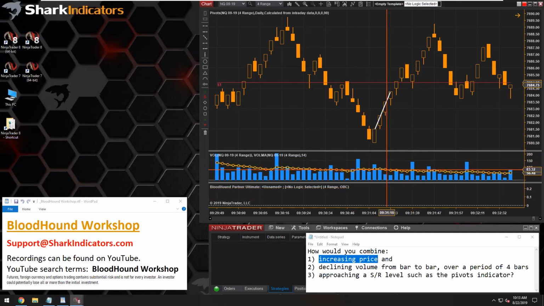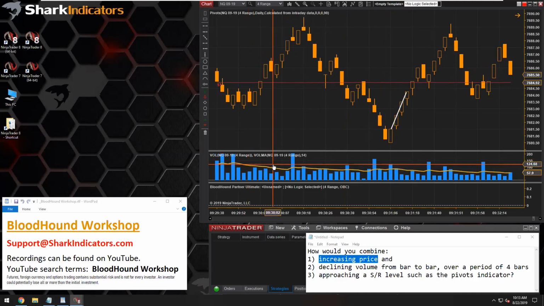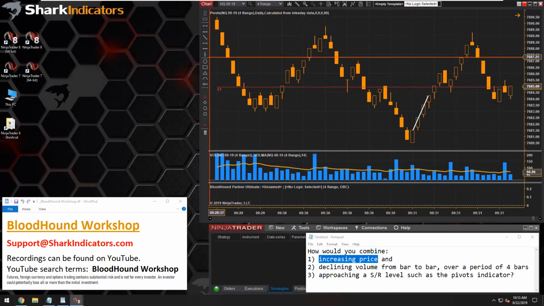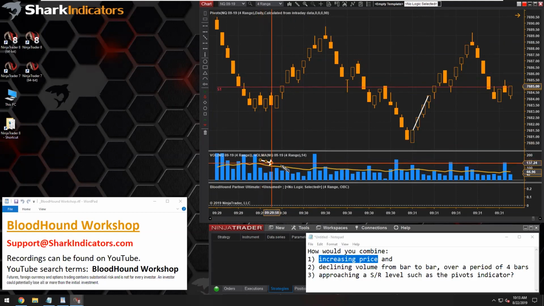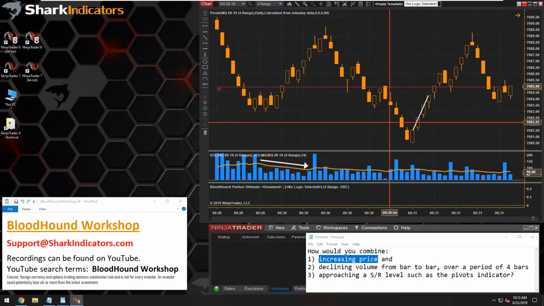Then we'll use an alternate way of measuring declining volume by using the volume moving average. Here's a good example. Looking at the volume moving average, we can see it's sloping downward, so therefore we know volume is decreasing.